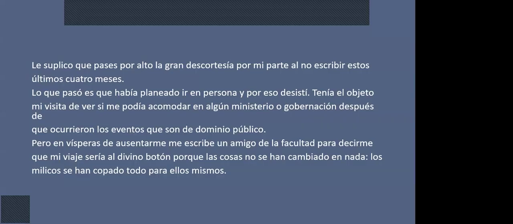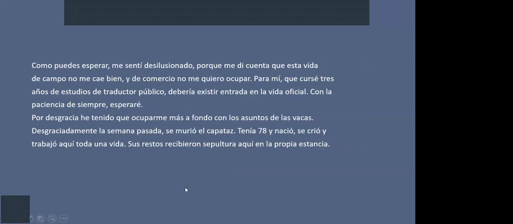The military, and I assume that's because of the dictatorship that they had in the country, had taken over. Han copado todo, had taken over all operation, everything for themselves. By that, they probably mean for family members or friends, right? Or their associates, maybe.